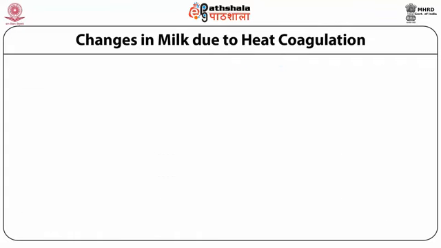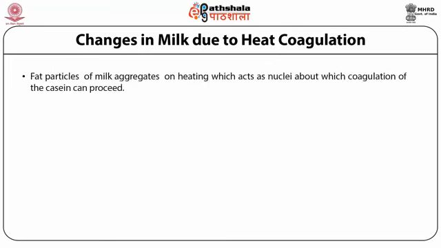As a result of heat coagulation, besides protein, fat particles of milk also aggregate. These aggregated fat particles form nuclei on which separated casein submicelles get deposited.